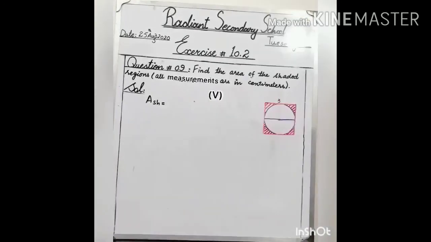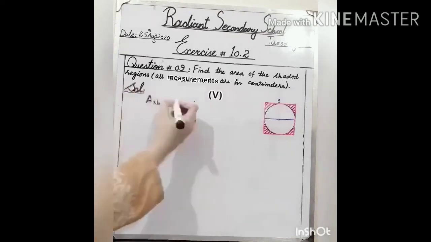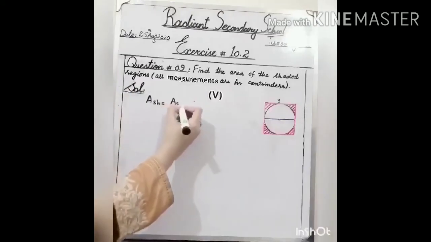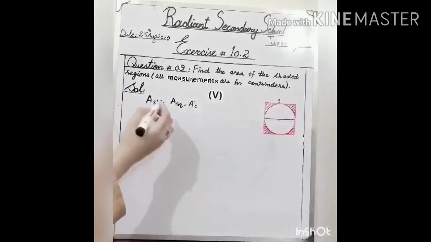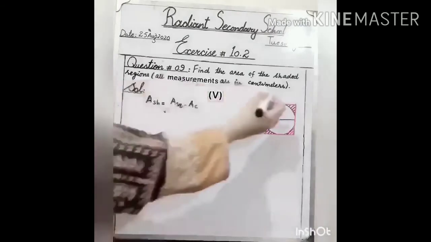Students, again there is a square and inside the square there is a circle. So we will find the area of the shaded region as area of square minus area of circle. Here one side is given as 3.